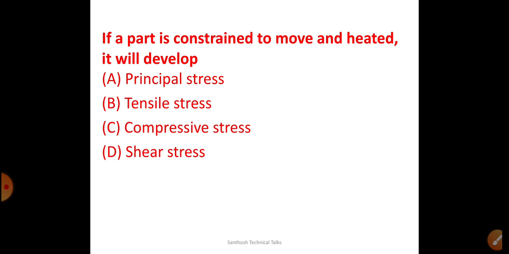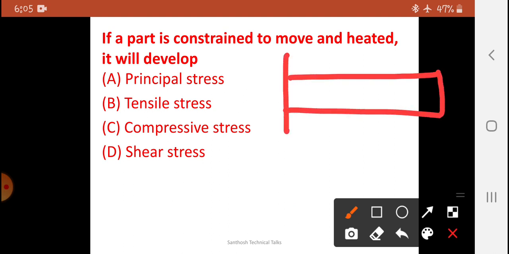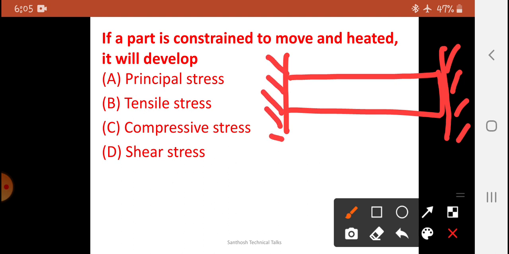If the part is constrained to move and it is heated, it will develop what? Let us assume the part is constrained over here. When it is heated, what will happen? Materials generally elongate, or we can say increase in length, if we increase the temperature.